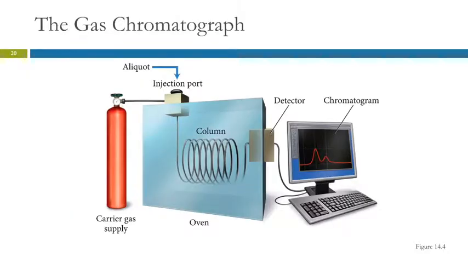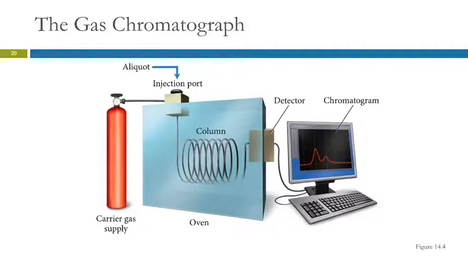So here's a very basic overview of how gas chromatography works. So we have a carrier gas. Often this is something like helium. And helium is running through this injection port and into a column. This column is a very narrow tube, often many meters long. And then the gas passes out through the detector.